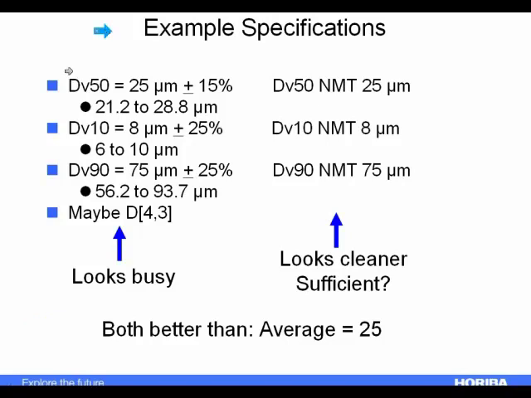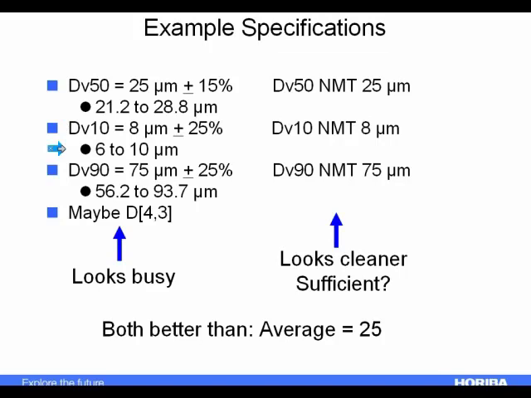Perhaps we measured a sample using laser diffraction, and we have a spec on the D10, D50, D90, and maybe the D50 should be around 25 microns. Now there are various ways we could set that specification. We could see here, well, the D50 should be 25 microns plus or minus 15%, just showing the range here in particle size.